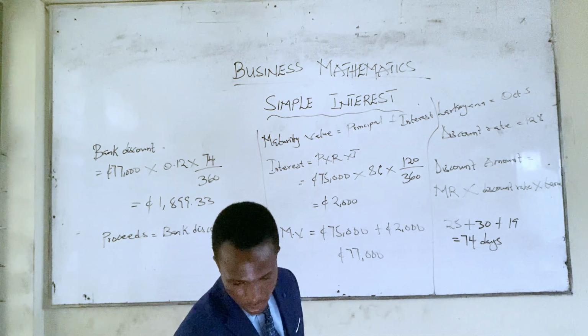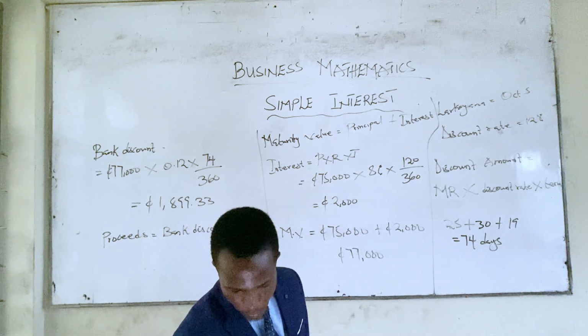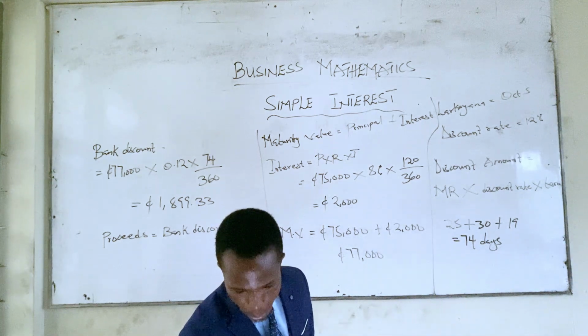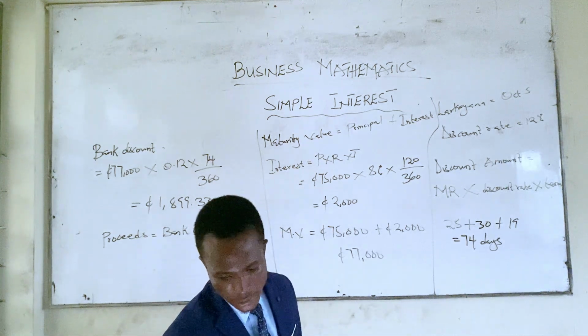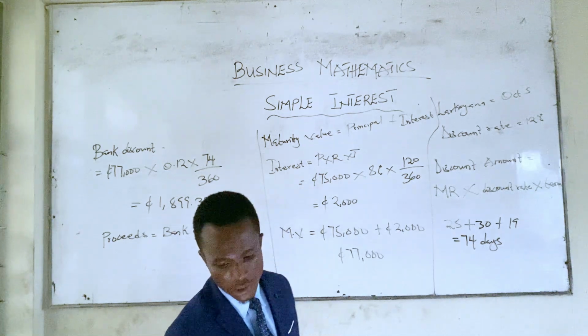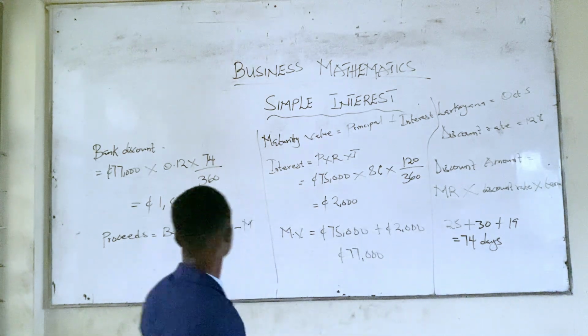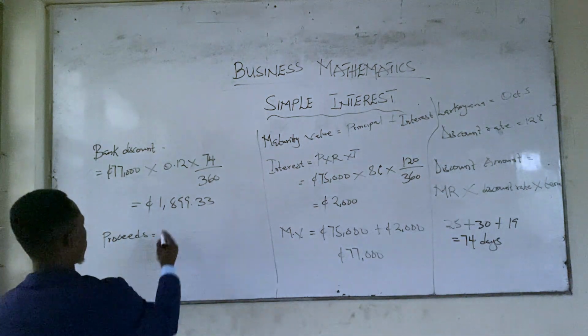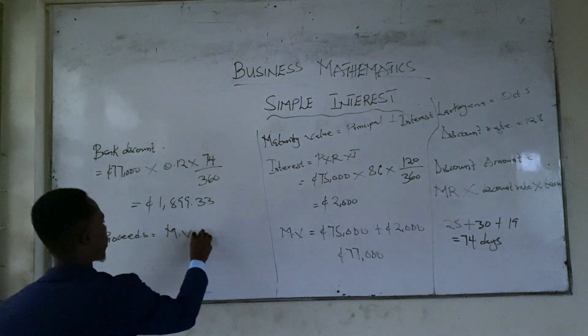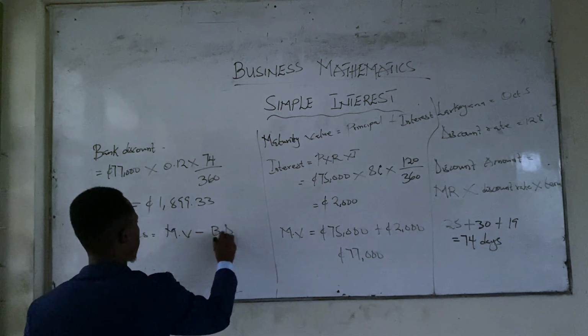That's the formula, right? Let me check the formula for proceeds again. Proceeds, yes, is the maturity value, MV, minus the bank discount, okay.